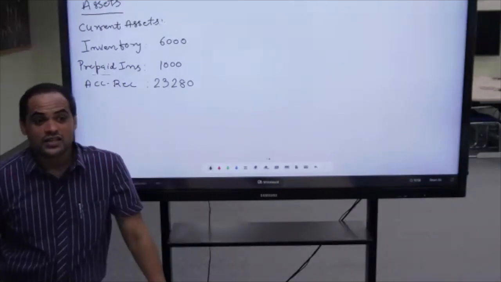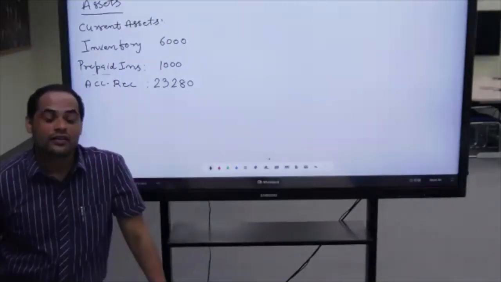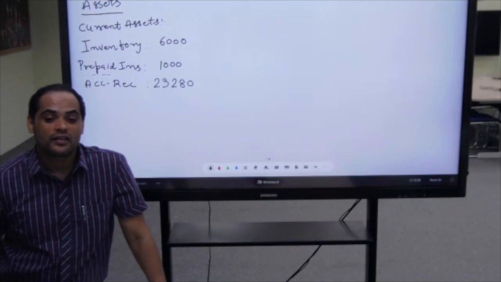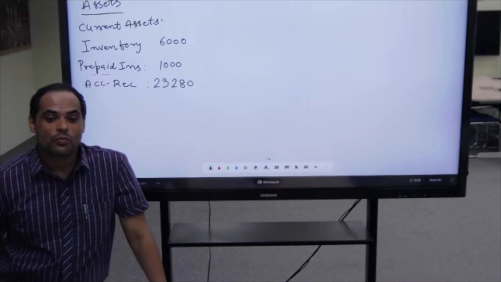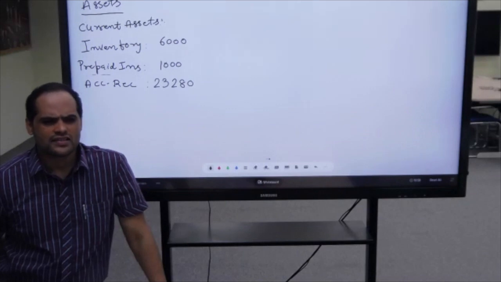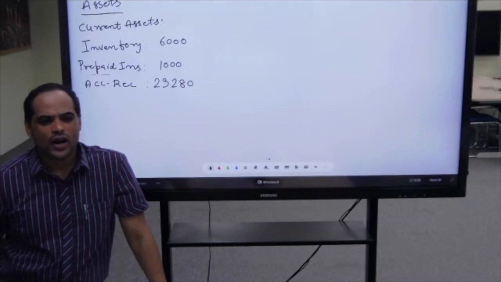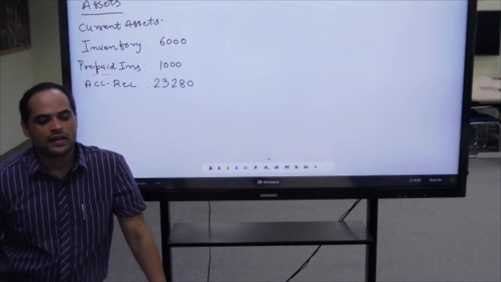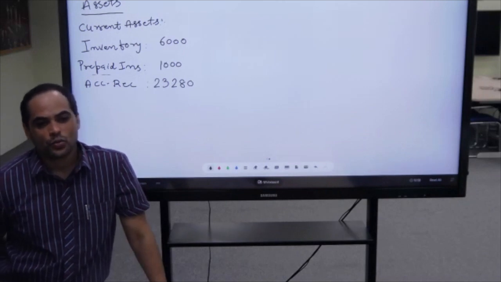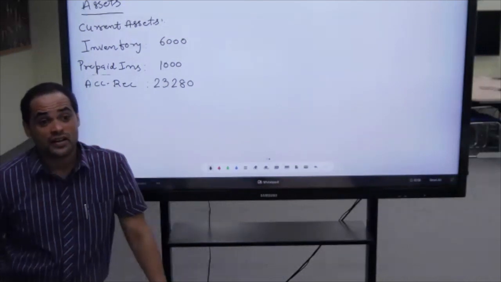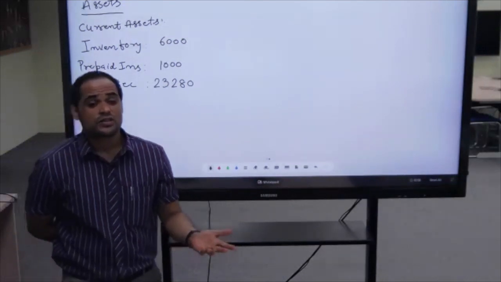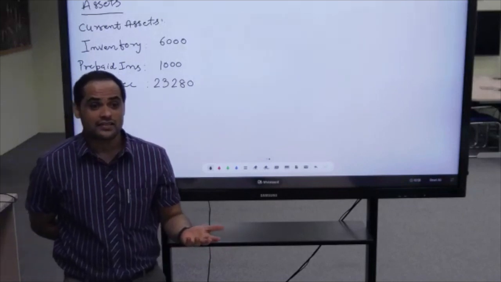Less depreciation. Less depreciation from where? Depreciation from which items? From current assets? Really? Why subtract depreciation from current assets? Check again what I explained in the last lecture. No, we do not subtract depreciation from current assets, and it doesn't make any sense to do so.